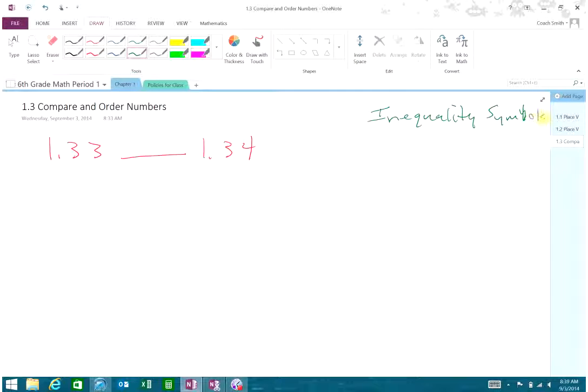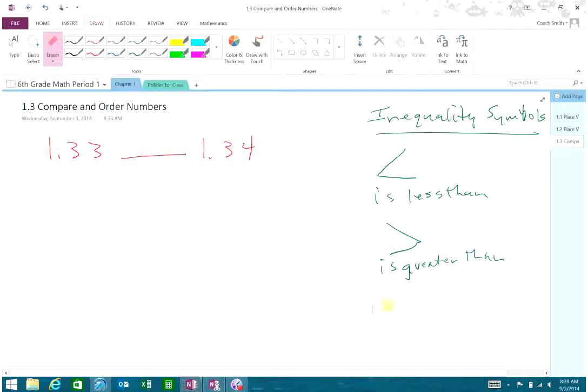Okay, and that's just a fancy term for what you already know. Is less than sign or symbol, is greater than sign or symbol. And then obviously the one that everybody should really be familiar with because we've had it forever and ever is the equal sign.